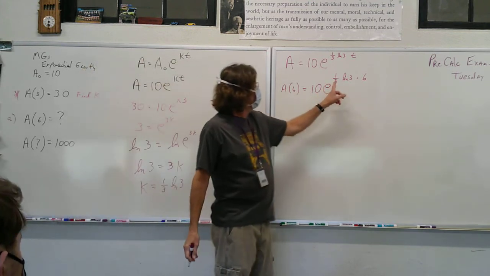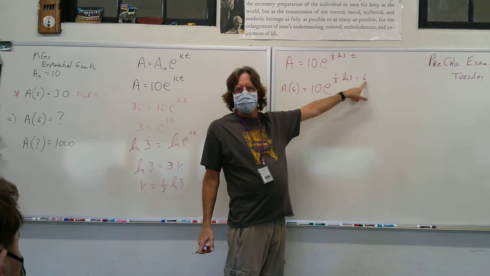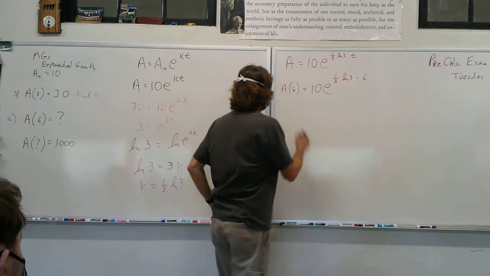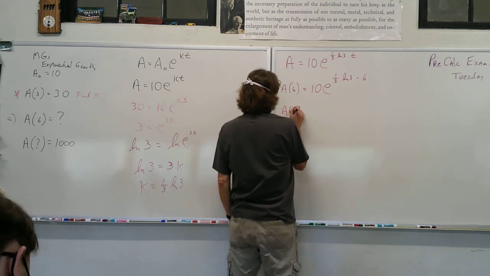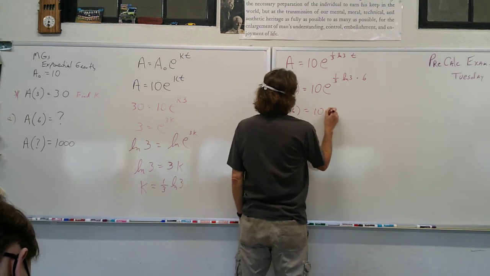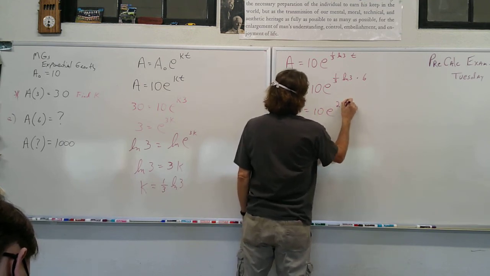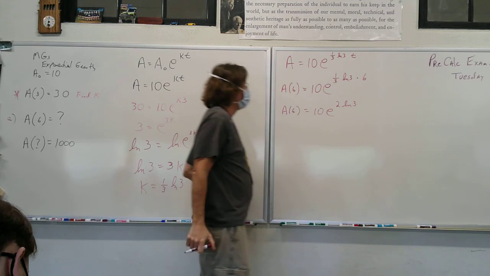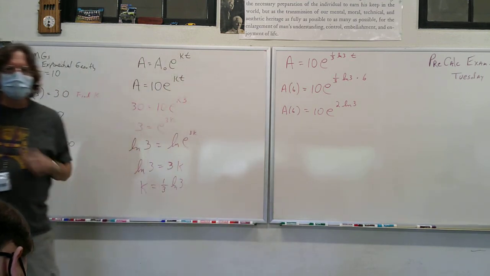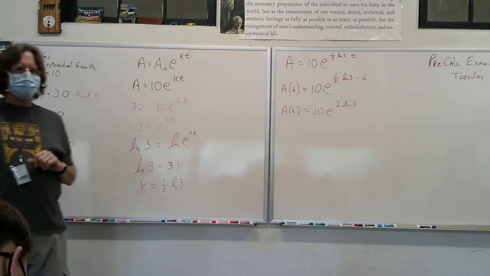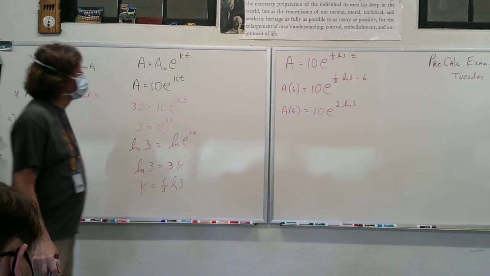Does everybody agree that you can take 1/3 of 6 real quick right there? Just multiply. So then you're going to get A of 6 is equal to 10 E to 2 times the natural log of 3. And here's where it gets cool if you don't use a calculator.